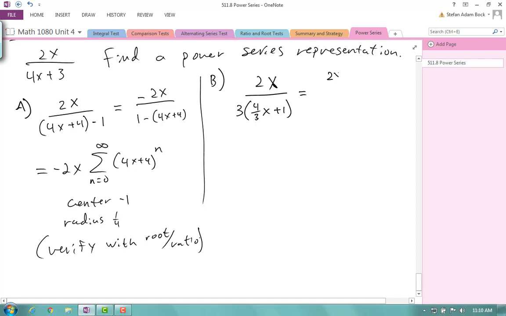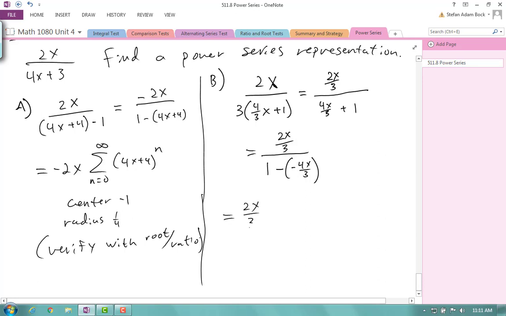So this is equal to 2x over 3 on the top of a fraction divided by 4x over 3 plus 1, or I should have 2x over 3 divided by, let's see, what I did for the first one was 1 minus a negative. So if I were to write that as a power series, I would have a 2x over 3 out here.